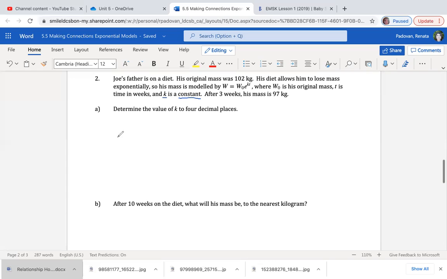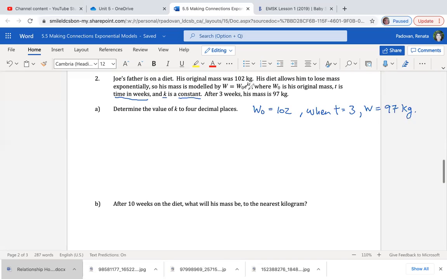So our W naught is 102, and it gives us another value: when t is 3, time is in weeks, my W is equal to 97 kilograms, and mass is in kilograms.